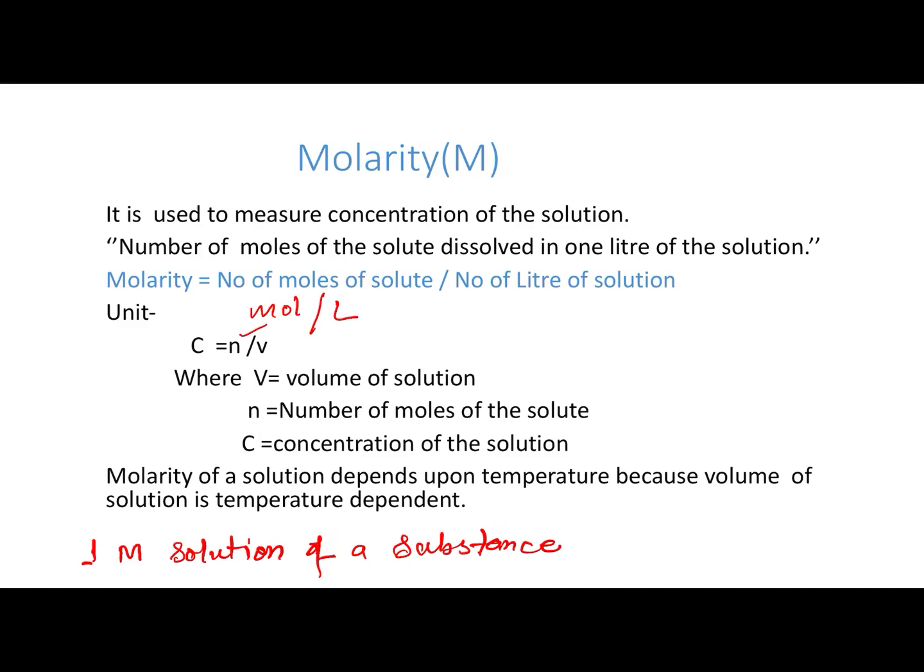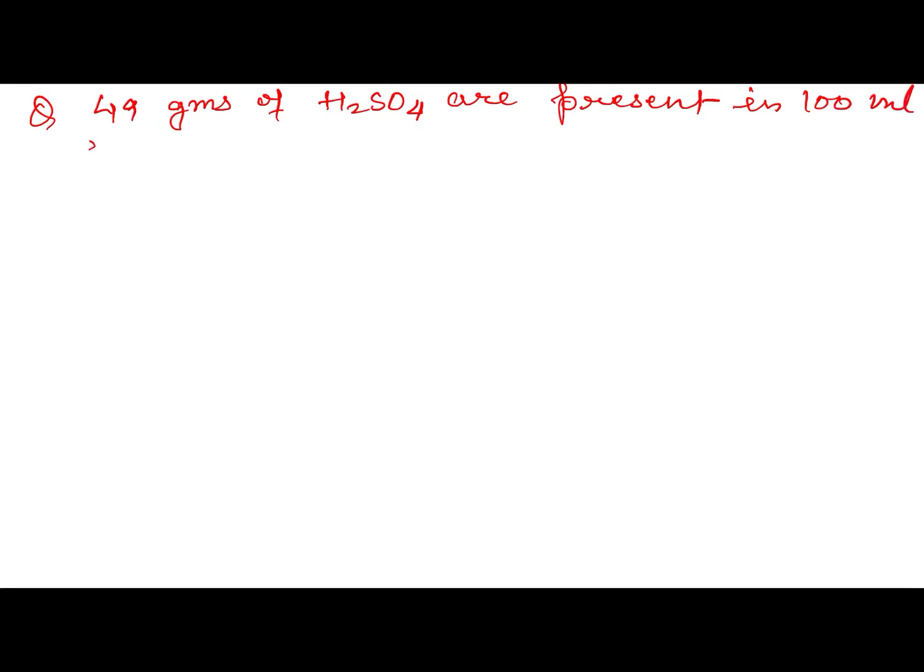Now we can understand this concept through numericals. 49 grams of sulfuric acid are present in 100 ml aqueous solution.